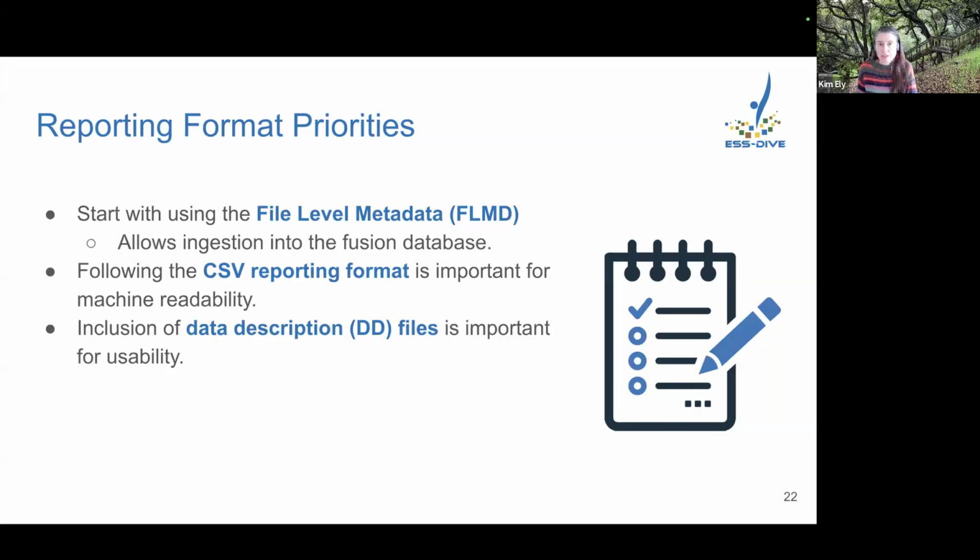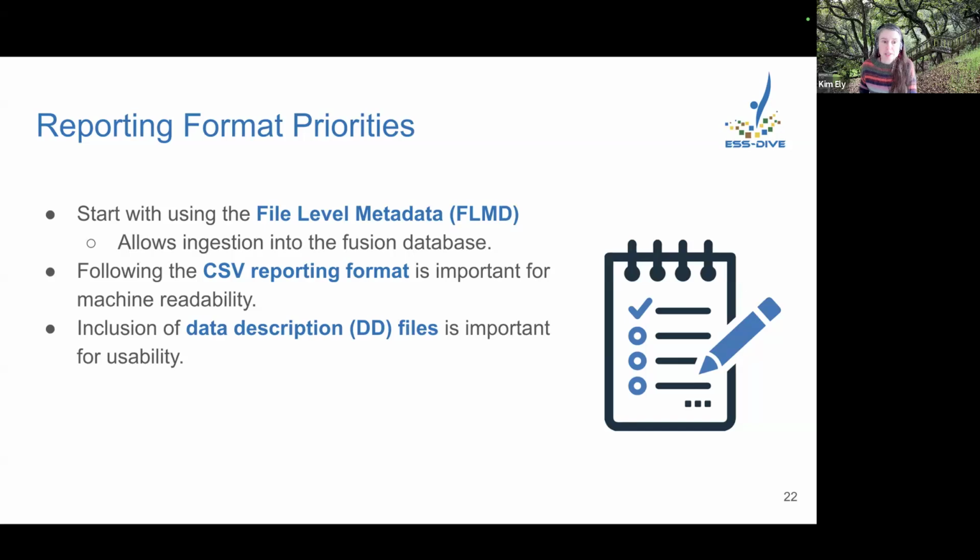Completion of this metadata file, which is just a single CSV file per whole data set, allows ingestion of the files into the Fusion database and is also useful from a data user point of view as a human readable file that describes the content of your data set. So that's definitely one to prioritize.